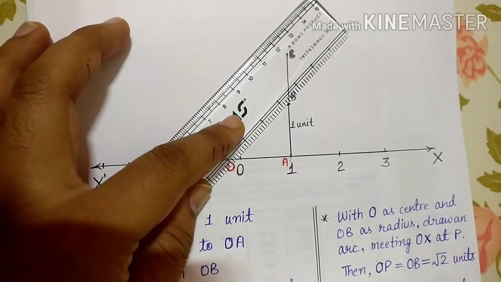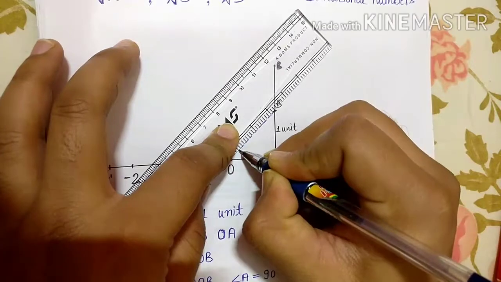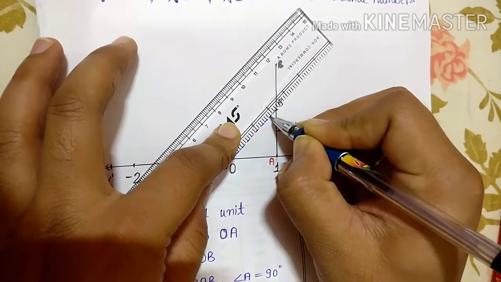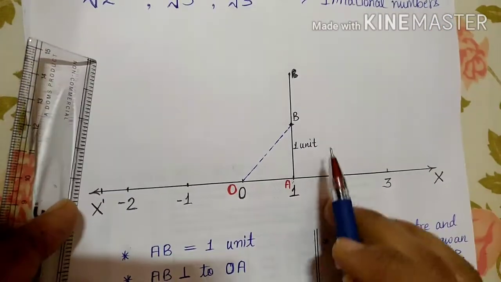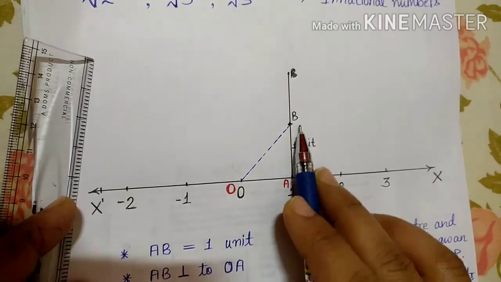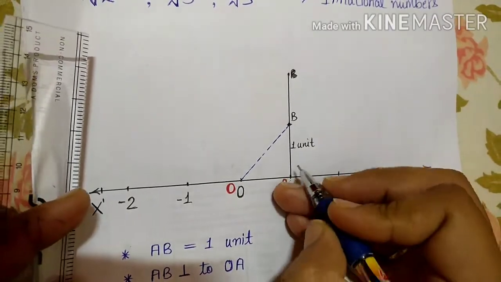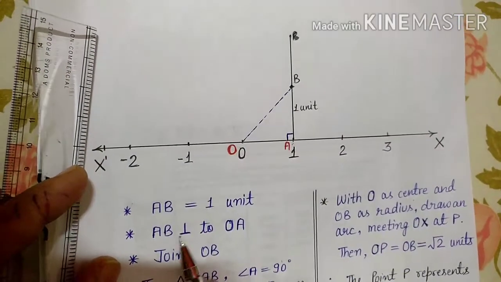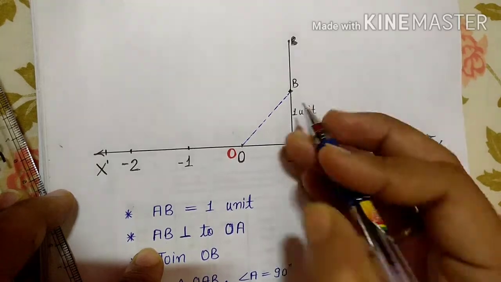So let's join these points, O to B, with a dotted line. Now when I observe this figure OAB, it becomes a triangle in which angle A is 90 degrees, because AB is perpendicular on OA.